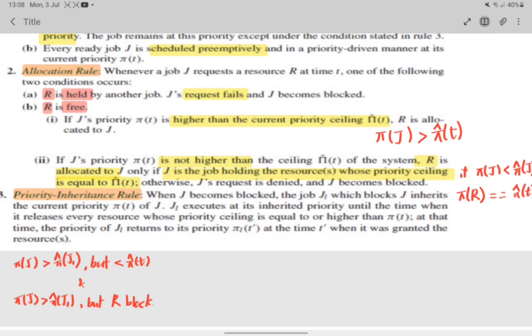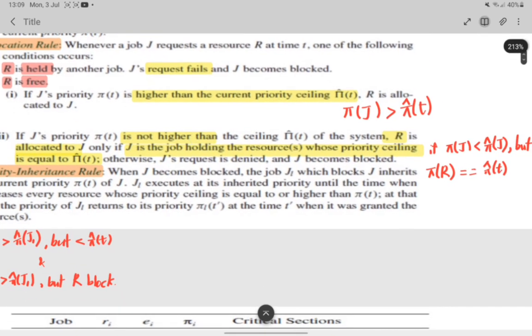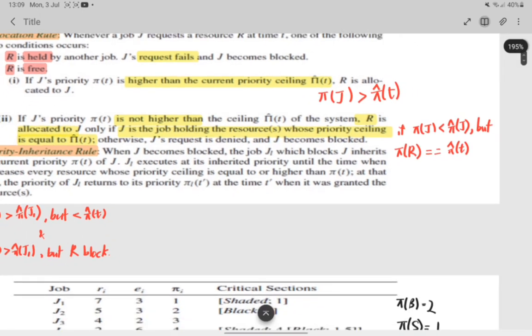If the job's priority is not higher than the ceiling of the system, the resource is allocated to the job only if the job is holding a resource whose priority ceiling is equal to the current priority ceiling.